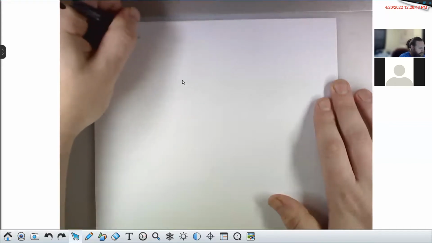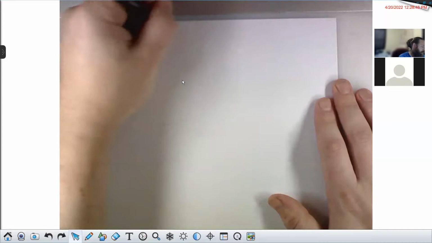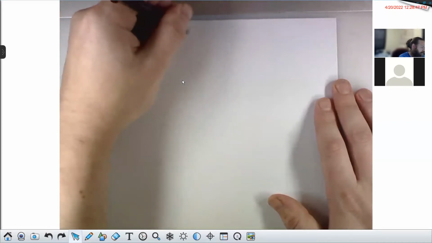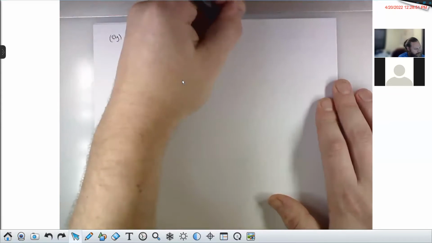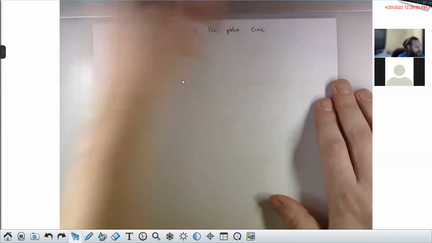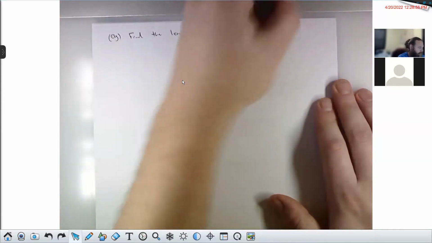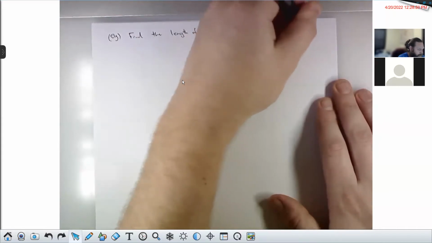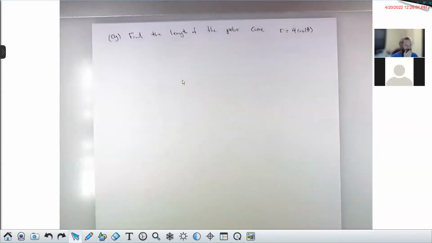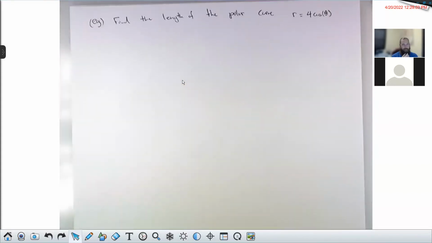Let's find the length of the polar curve r equals, how about 4 cos theta? There it is.